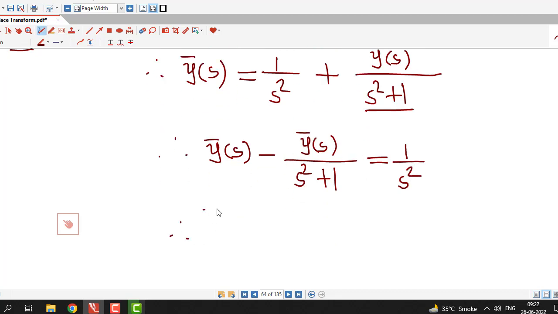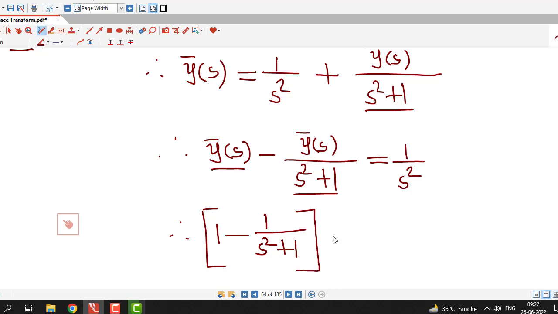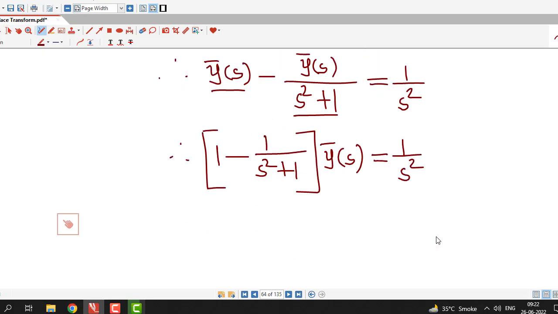We take y bar s common from these two terms, and we have 1 minus 1 divided by s square plus 1, times y bar s, equal to 1 divided by s square, and we simplify this.